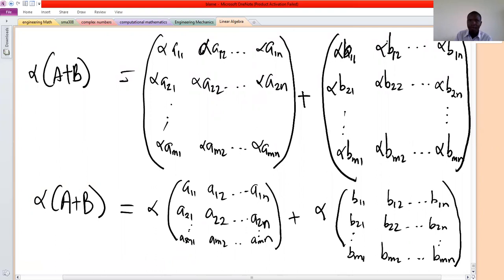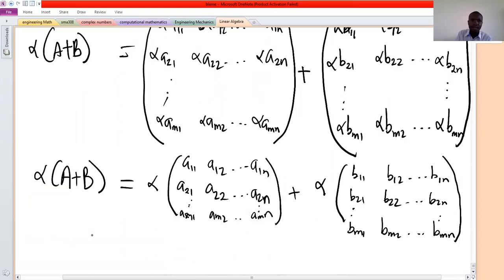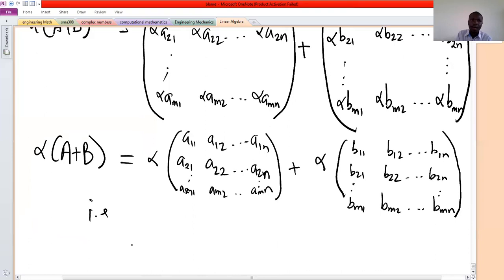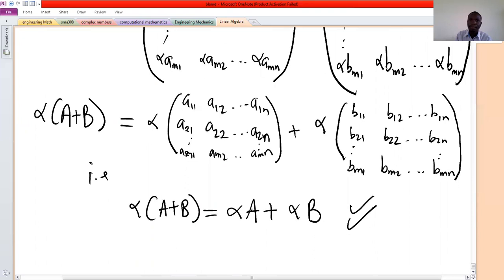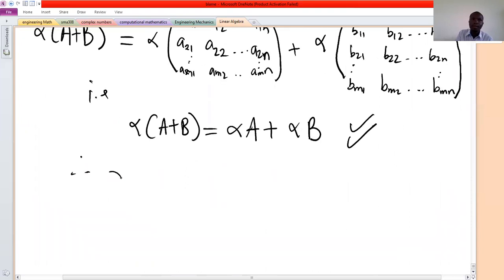And you see this one is the definition of matrix A, and this one is the definition of matrix B. So alpha into A plus B is simply alpha A plus alpha B. So distributivity holds.